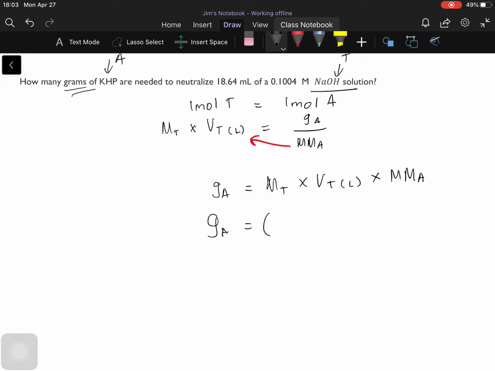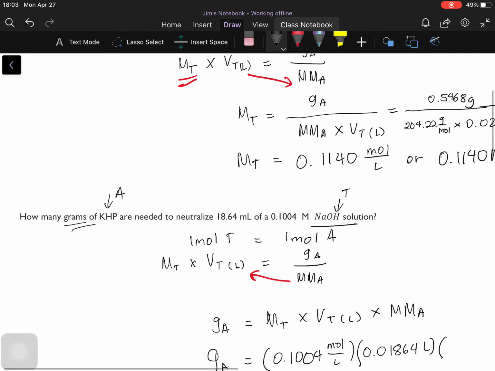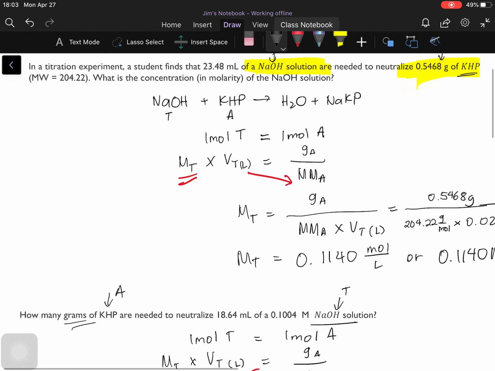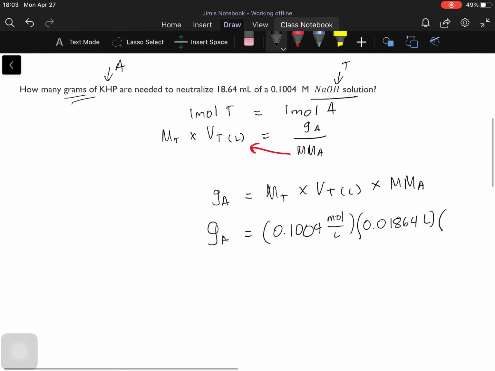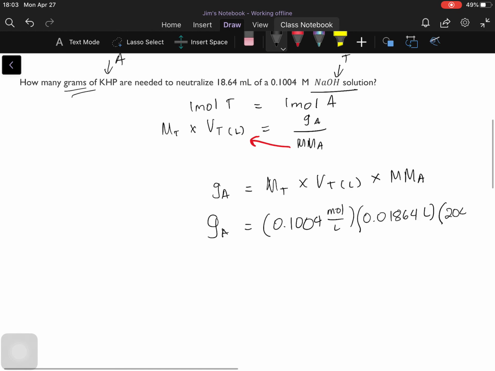So this is 0.1004 mole per liter times we're going to convert 18.64 ml into liters. That will be 0.01864 liters times the molar mass of our analyte, which is already given in the previous problem. That's 204.22 grams per mole.